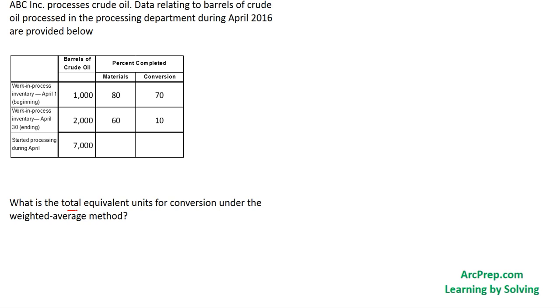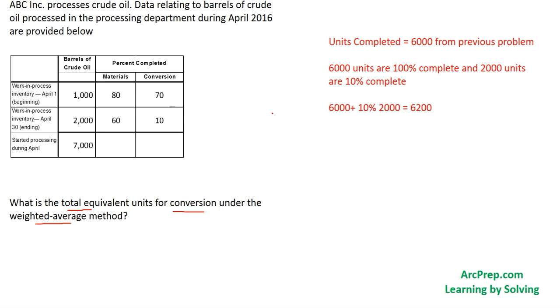Now we are again looking at total equivalent units, this time for conversion under the weighted average method. Units completed 100% was 6,000. That's what I calculated from the previous example. Now I know 6,000 units are 100% complete, and then 2,000 units are 10% complete. 2,000 units 10% complete also means 200 units 100% complete.